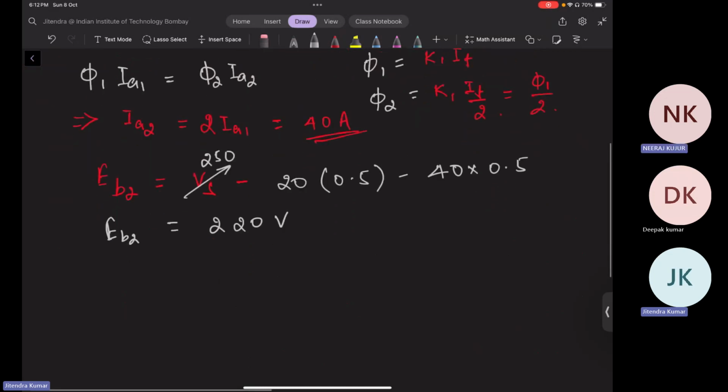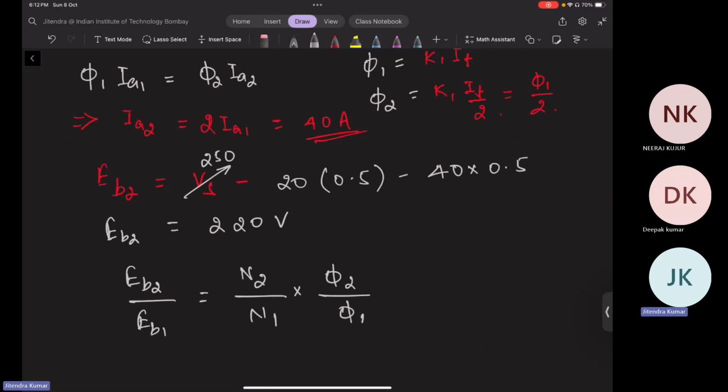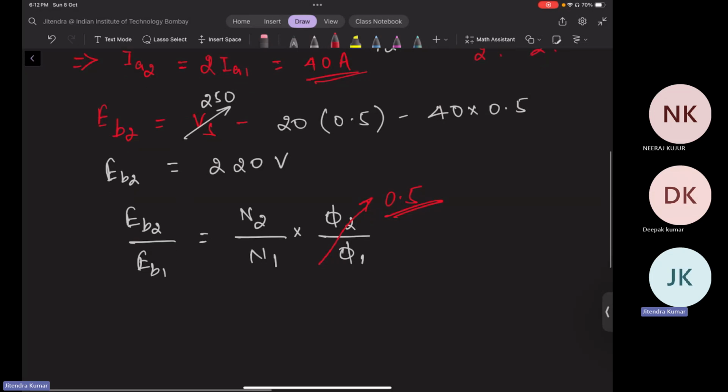Now we cannot just straight away equate EB2 by EB1 is equal to N2 by N1. We have another component also, phi 2 by phi 1. And phi 2 by phi 1 we know is equal to 0.5. In the second case, flux is reduced by 50%. So now we are good to calculate EB2 by EB1.